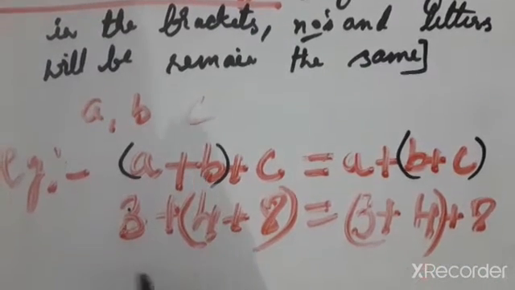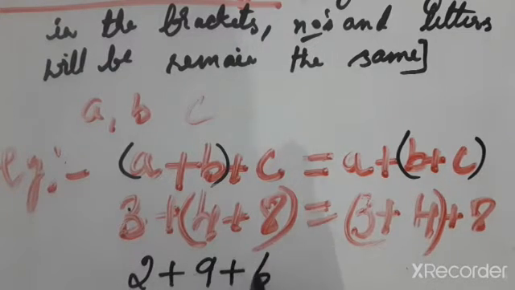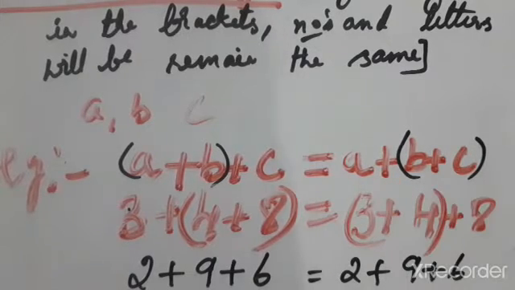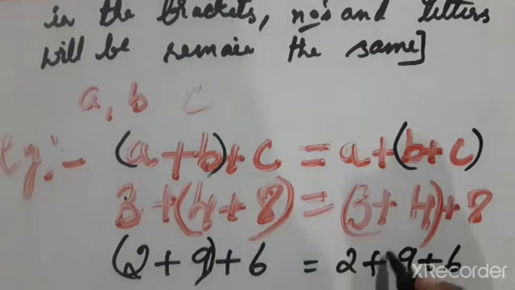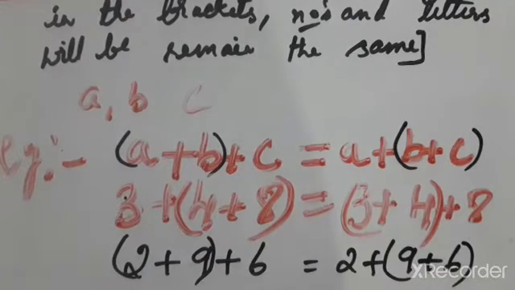Any other example, children? One more example for associative property: 2 plus 9 plus 6 equals 2 plus 9 plus 6. Numbers and symbols are the same on left and right side. If we have a bracket on the first two digits here, there we put the bracket on the second two digits.